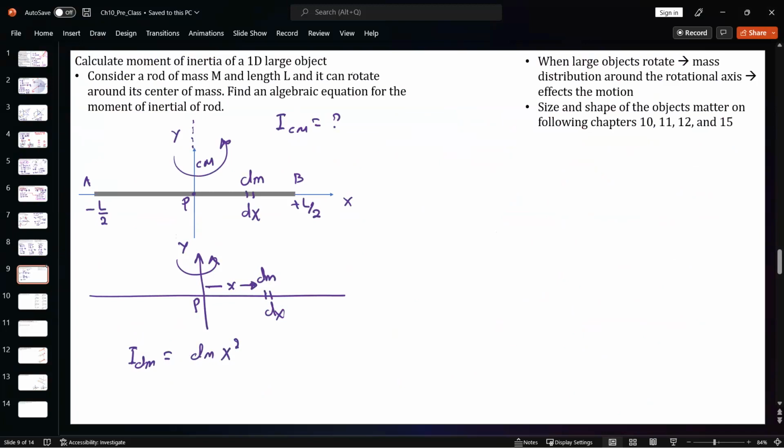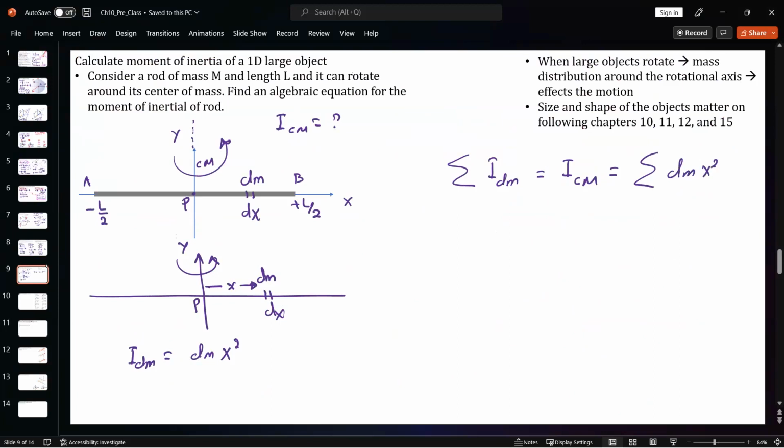Now we can consider this object as a collection of particles. Which means I can add all of these dm's together. The sum of I of dm together should be equal to the I CM of this particular rod, right? So I need to sum all dm x squared together.